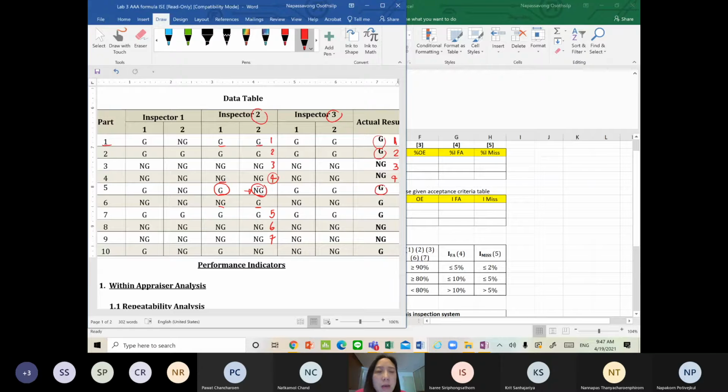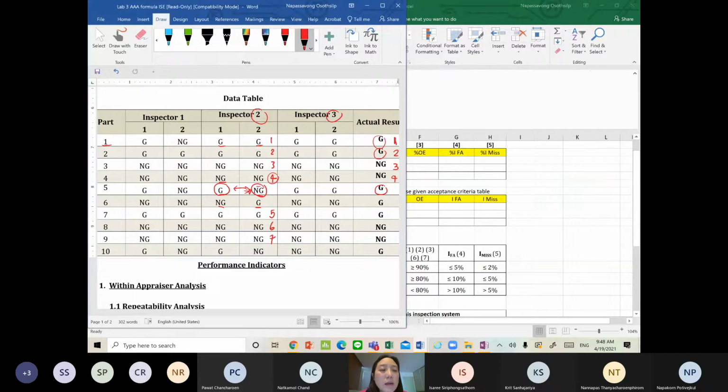So when the results are not consistent within the same part, we can say that part cannot be correct, because if it's correct, it has to be consistent first, if we consider this indicator.